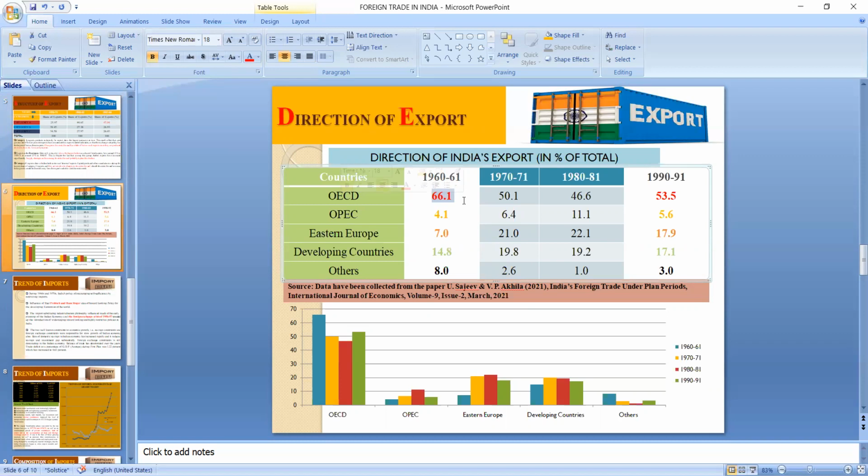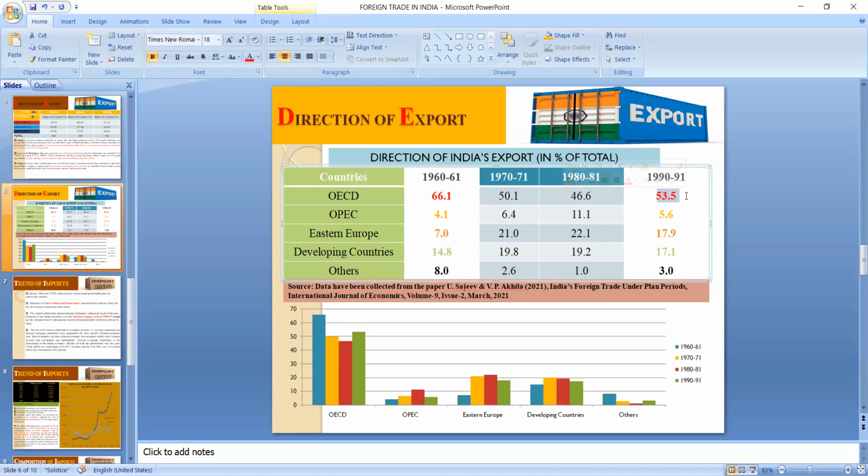During 1960-61, what we found was that the share of export to this category of countries, that means OECD, was highest. But over the years, you just see the share had declined from 66.1% to 53.5% in 1991. So significant changes have taken place in the direction of India's export.